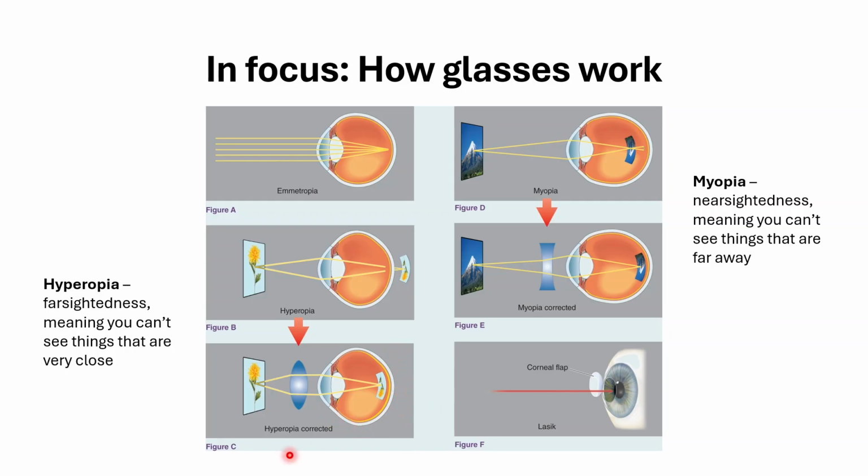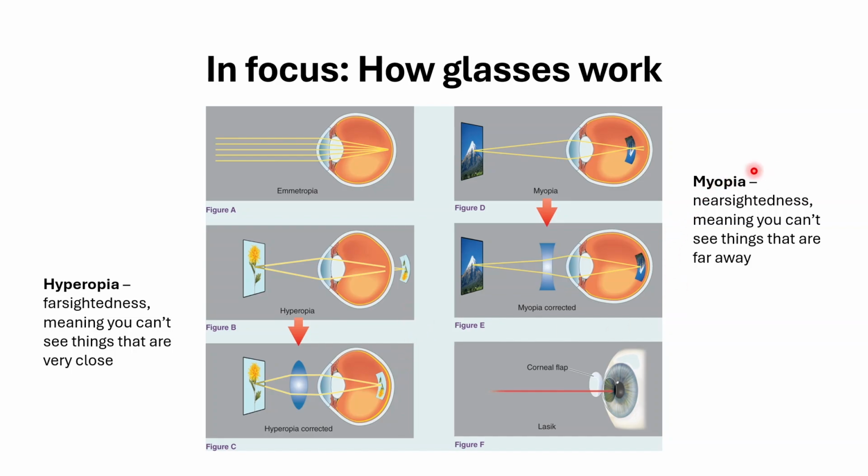And we can fix that by having a curved lens that accommodates that, so that we get some refraction before it gets to the lens that's inside our eye, so that we get normal in-focus light that is now where it should be in the back of the eye. And so when you go to the eye doctor, they'll get you the right size lens that you need to get the right focus.